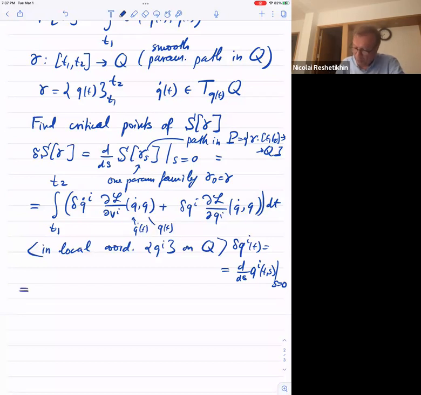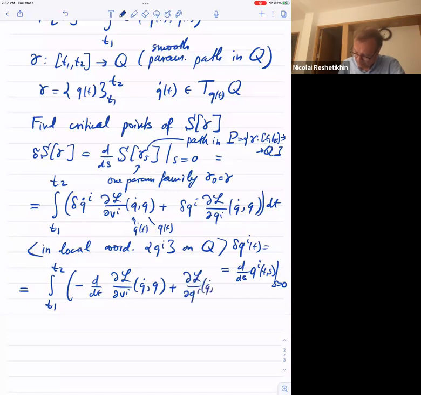Now we want to write this not in terms of derivatives of delta q, but in terms of delta q itself. So we integrate by parts. The result of the integration by parts is minus d/dt of ∂L/∂v^i (q, q dot) plus ∂L/∂q^i (q, q dot), times delta q^i, dt.